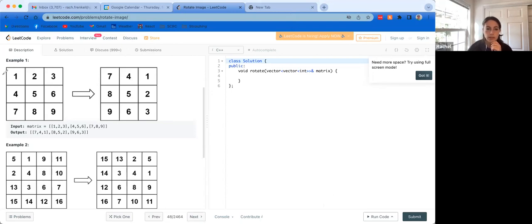This here is the 0th row and the 0th column. This is the first row, first column. Second row, second column. So this is 0, 0. This is 0, 1. This is 0, 2. This is row by column, so row 0, column 2. What is this one going to be?